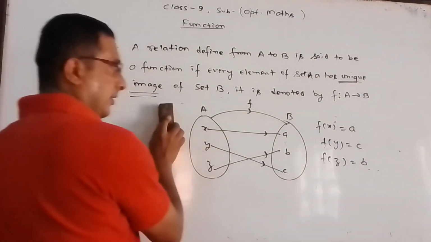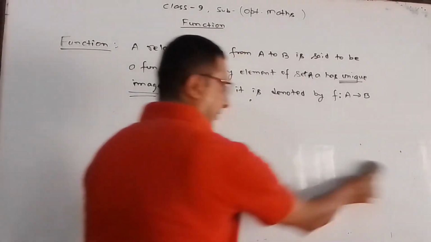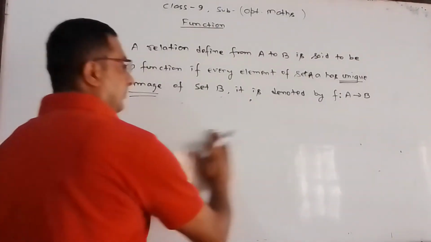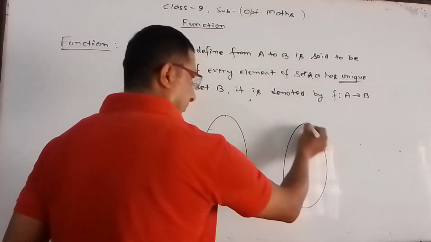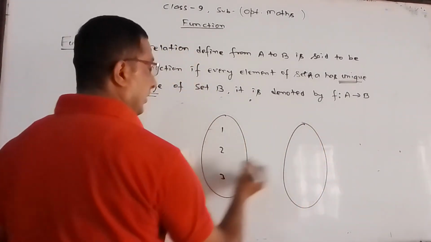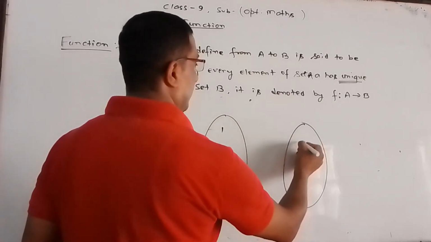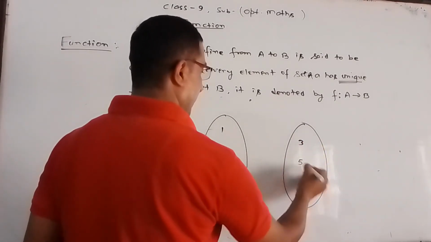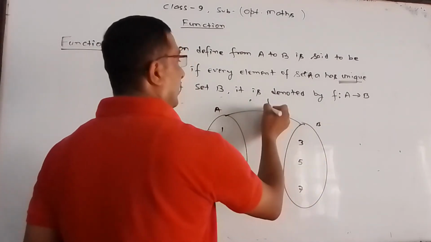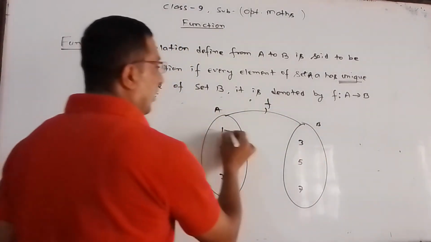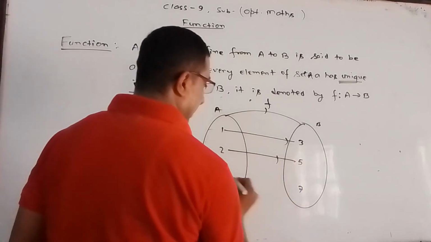Again, set A is 1, 2, 3 and set B is 3, 5, 7, and the function is defined from A to B. 1 maps to 3, 2 maps to 5, and 3 maps to 7.